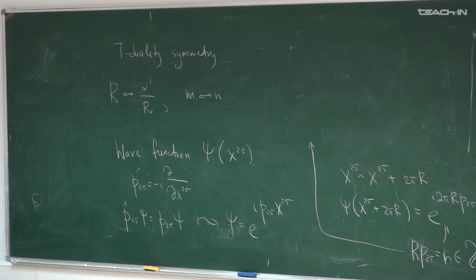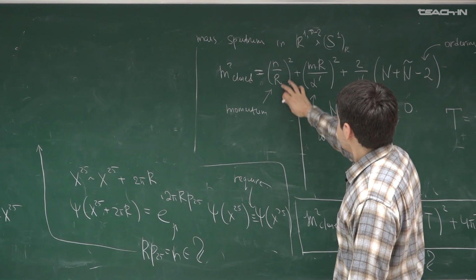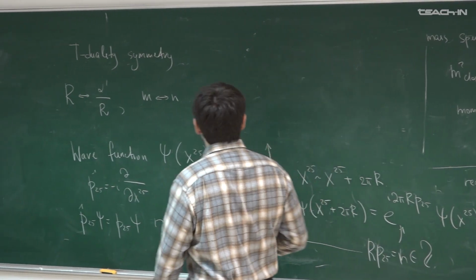Right, you see when you interchange m with n, these two pieces are swapped, and if you then take R to alpha prime over R, then it's completely symmetric.